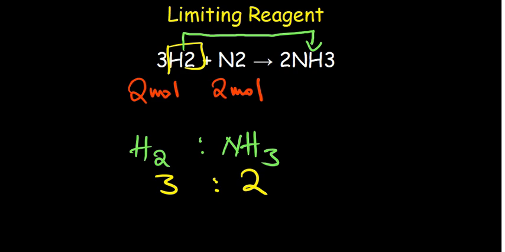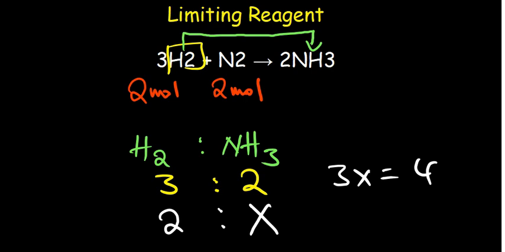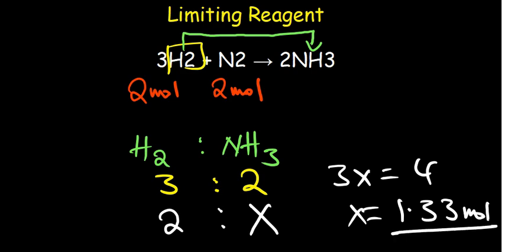So I'll get the number of moles of my hydrogen, put it there, and then find how many moles of the ammonia are going to be produced. If we cross and multiply, we're going to have 3x being equal to 4. So our value of x is going to be 4 divided by 3, which is 1.33. Those are the number of moles of our ammonia that are going to be produced.